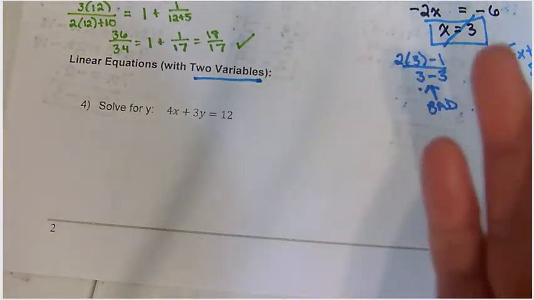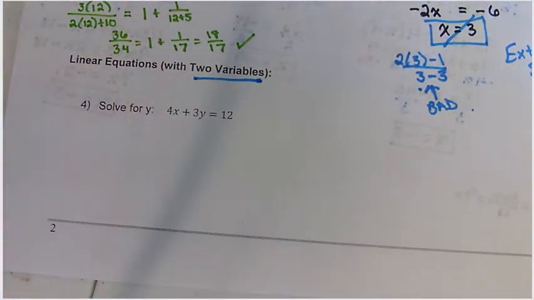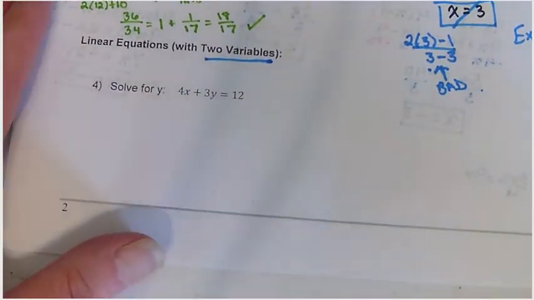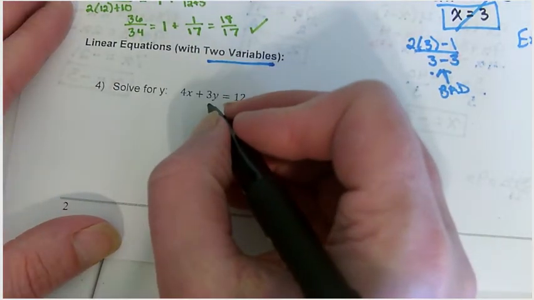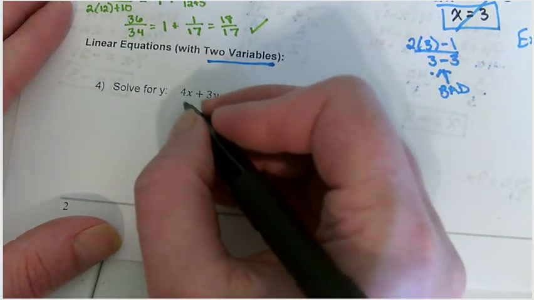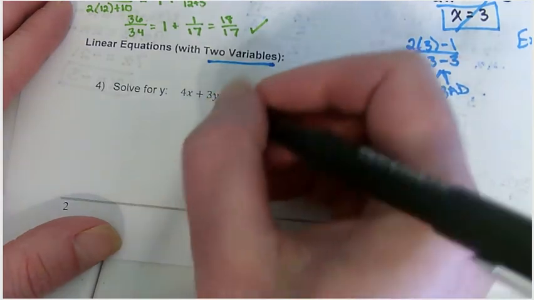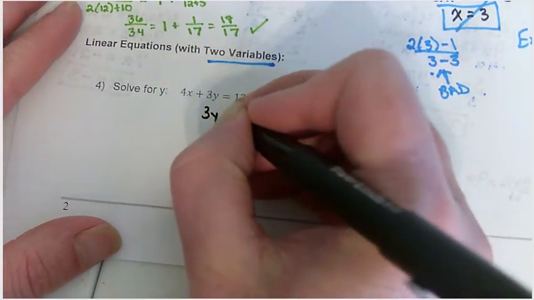But to be able to do that, we need to be able to solve for y. So let's remember how to solve for y. That means to get y by itself. So we need to move anything else to the other side. So I'm going to subtract 4x from each side.